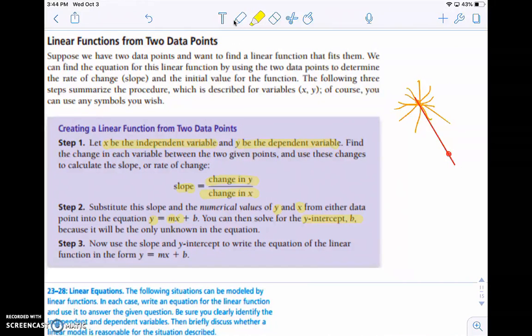Then you'll have your slope and that y-intercept, or again, the rate of change and your initial value, and that'll take care of the unknowns in your equation. Again, they're going to follow this y equals mx plus b. Just remember that y is referring to our dependent variable, m is our rate of change, x is our independent variable, and b is our initial value.